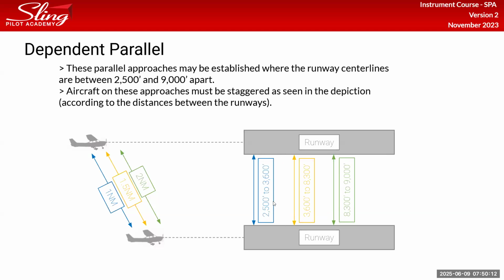In this range of center lines being that far apart, the airplanes need to be a mile staggered apart. From 3,600 to 8,300, these staggered airplanes must be 1.5 nautical miles apart. From 8,300 to 9,000, the aircraft must be staggered 2 nautical miles apart.